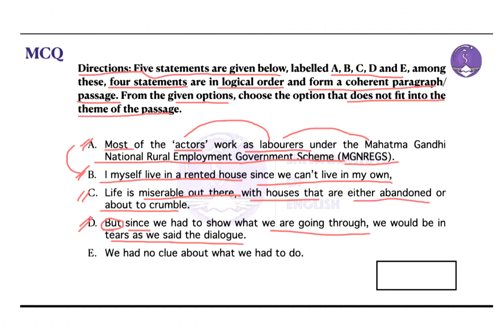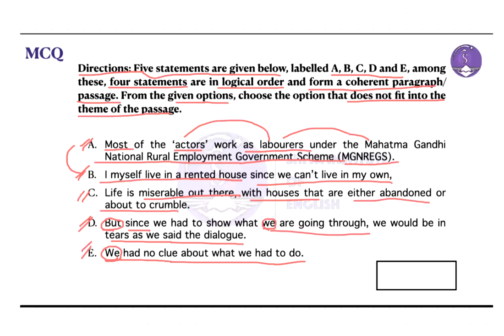So next is, we had no clue about what we had to do, right? Now, if you observe, option E, option D, option C, option B are stating a kind of thought. Let's say in option E, you find the word we, and option D also stated about we are going through. So we had no clue about what we had to do.